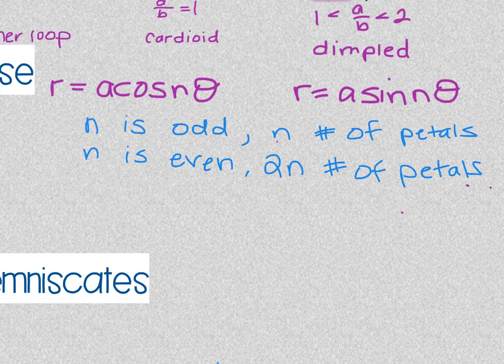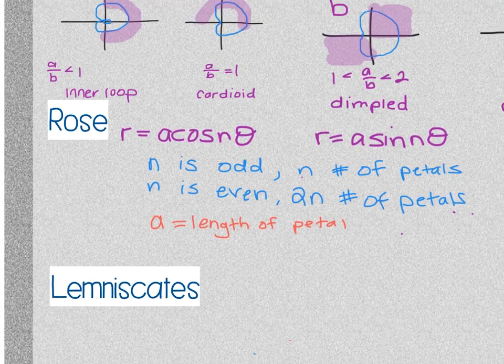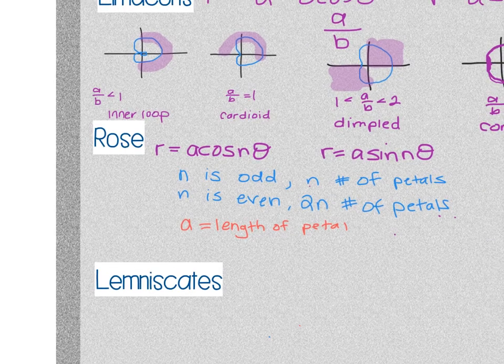And then the other thing you're going to get from your equation with your rose is how long A is. And A is the length of the petal. So if I had r equals 3 cosine 4 theta, that's a rose with 8 petals, and the petal length is 3.